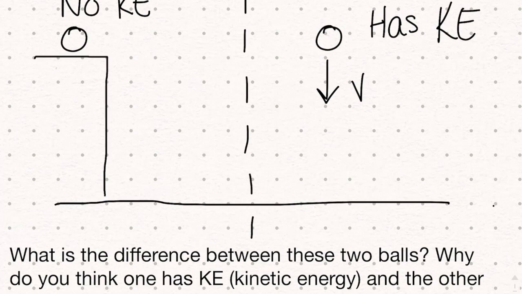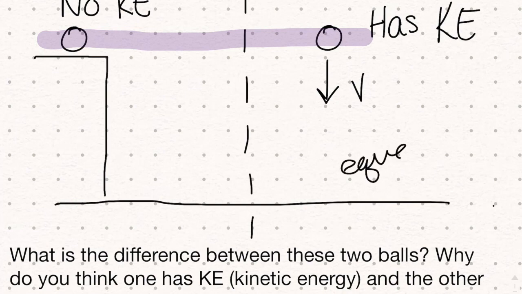We had two different scenarios, both balls roughly the same size. One of them is resting on top of a cliff. The other one is in midair. They are both at the same height. Remembering from before, that tells us they both have roughly equal amounts of potential energy.